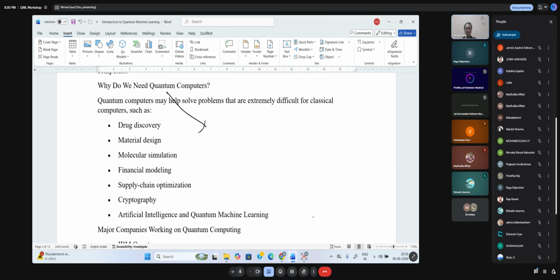Because we can have multiple states, the complexity of representing any data with multiple states will create trouble. Why? If you are dealing with images with resolution, let's say 256, we can have so many features present in it.